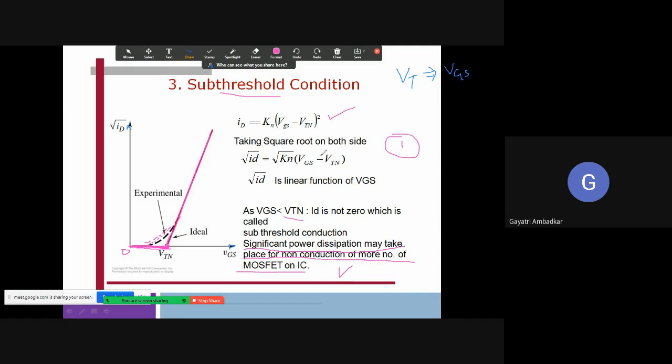Take the square root on both sides, and ID is shown now as a linear function of VGS, because ID is going to vary with VGS. So as VGS increases, ID increases linearly. That is what is shown here. So you plot the curve when it is ideal, and this is the actual experimental curve that you get.